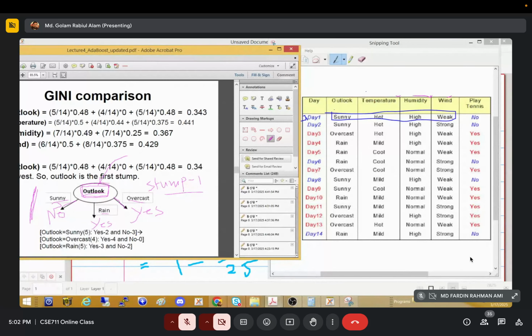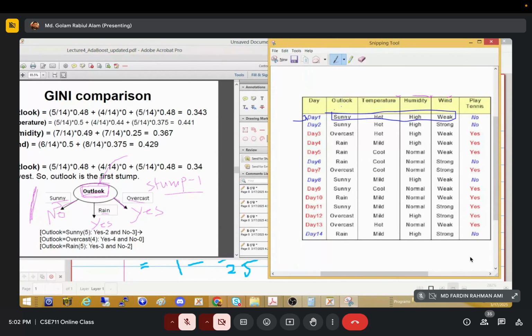Here in this case we have the outlook, and for our first data, day 1, the outlook is sunny.